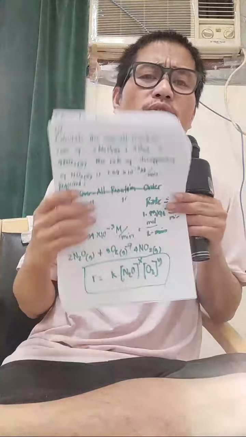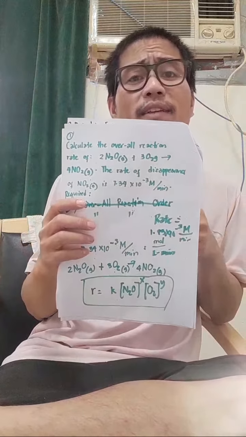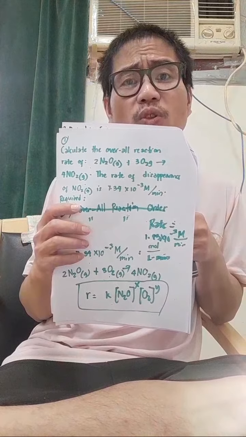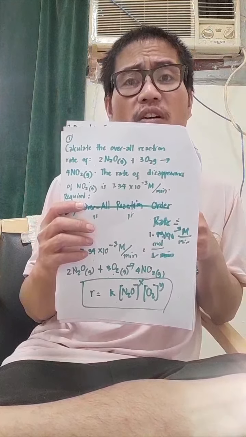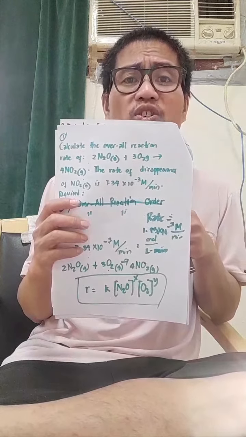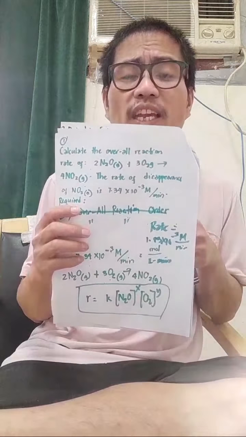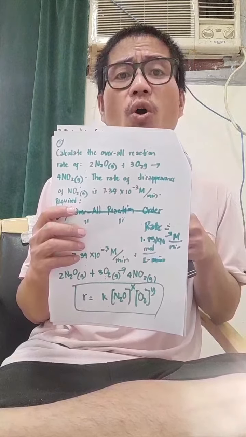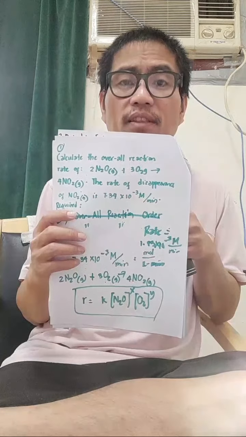So the goal here in this class, even though the problem in the future is not presented with initial concentrations through experimentation, is that you can still solve the overall reaction order without initial concentrations showing in the problem. That's the goal here.